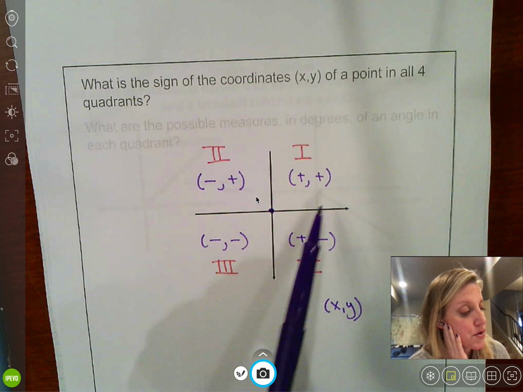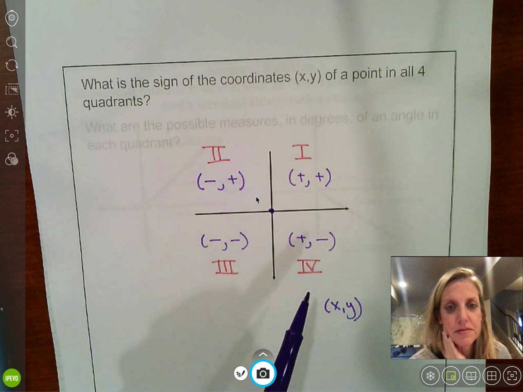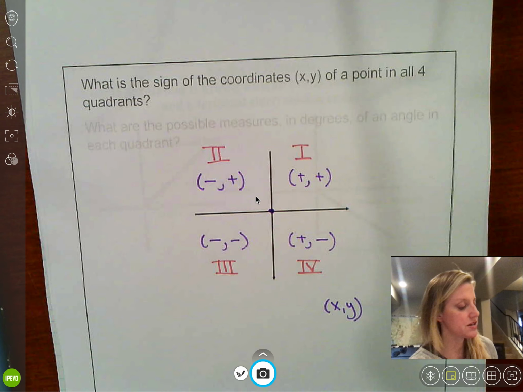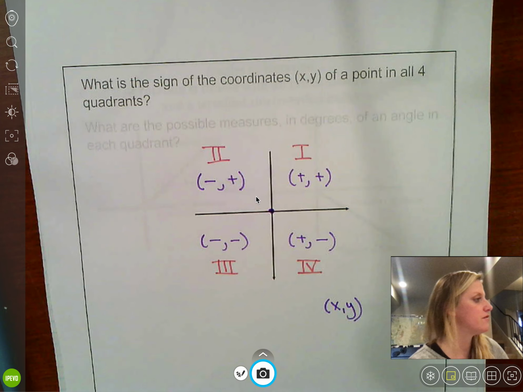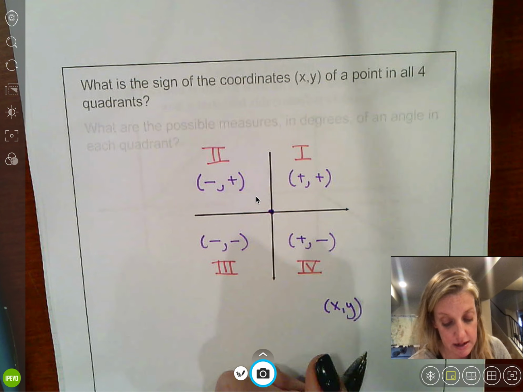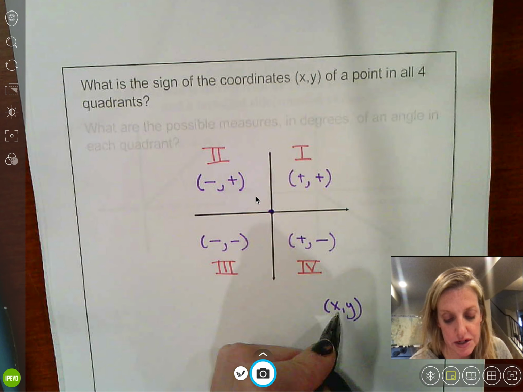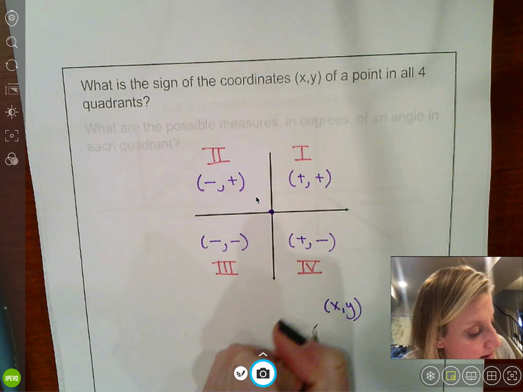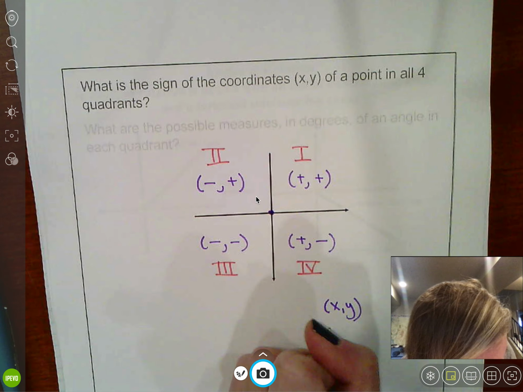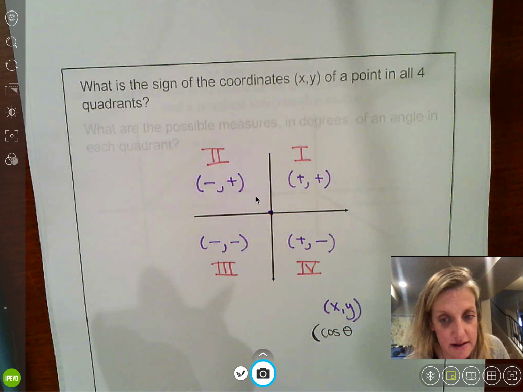That's going to be important to know to help things go a little bit faster with some of our problems today. A few other things to think about, just some foreshadowing for the future, nothing super needy right now, but to start getting used to the idea that the x value of your coordinate has to do with the cosine of different angles.